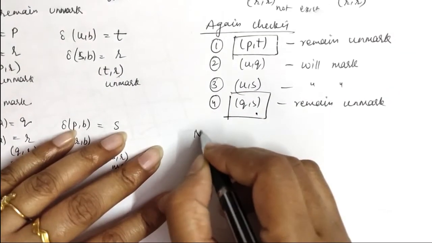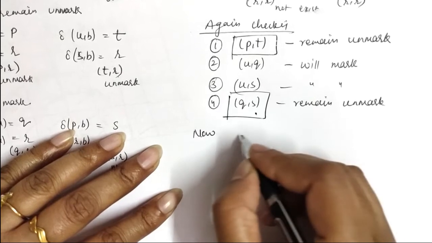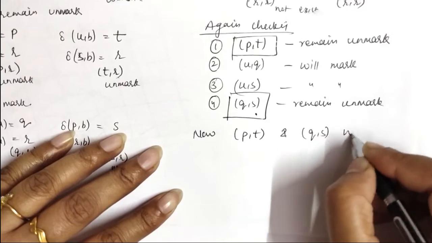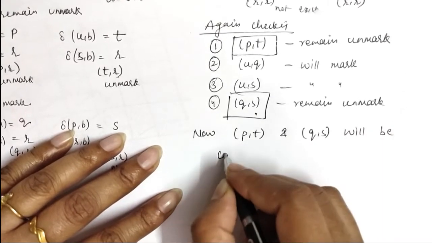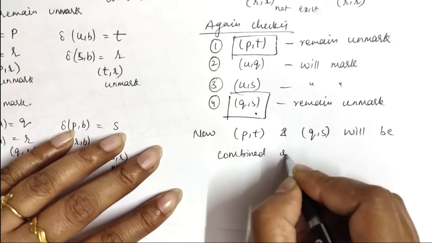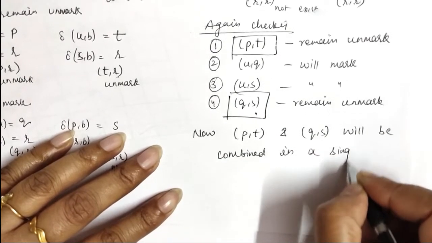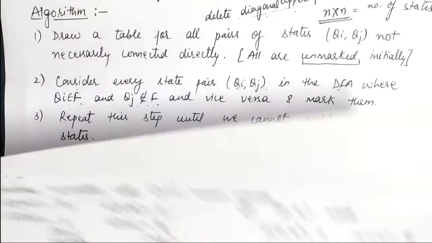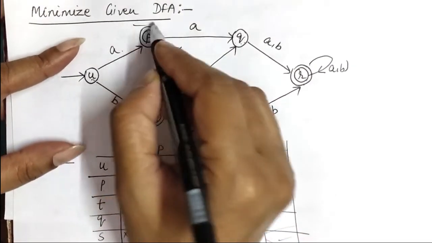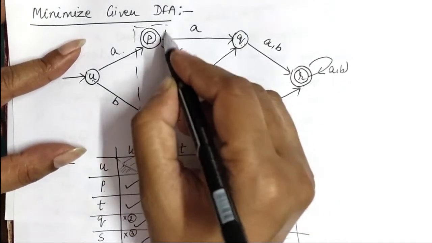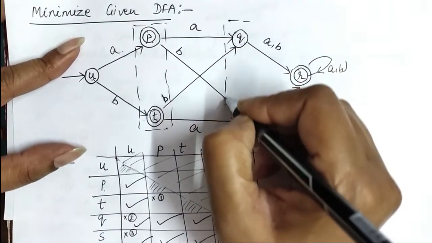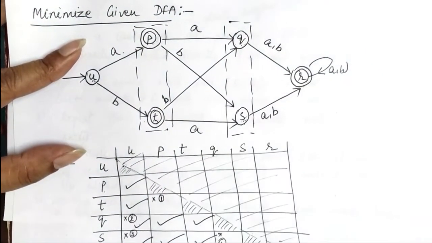This means that now P comma T and Q comma S will be combined into a single state. What are the pairs? P comma T and Q comma S. P comma T means these two states are combined in a single state, and the next pair, Q comma S, will be combined.